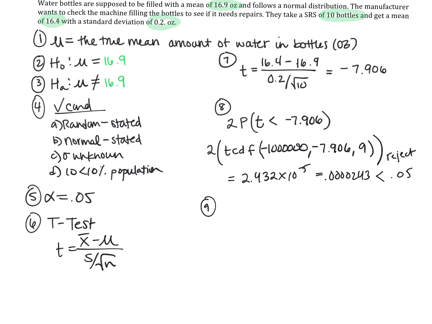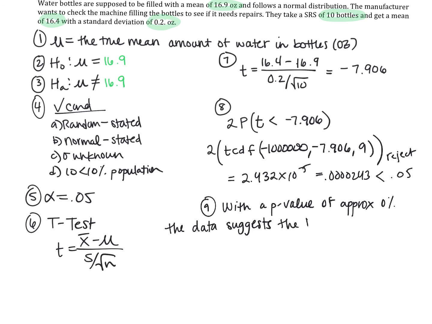So let's write out our conclusion. With a p-value of approximately 0%, the data suggests, make sure you always put that, we always hide behind the data. We just analyze data, that's it. Make sense of it.